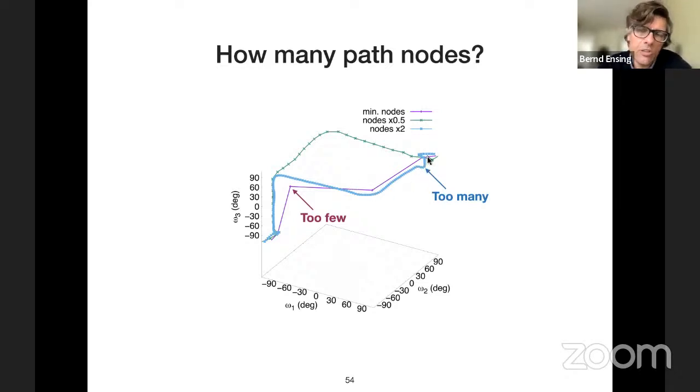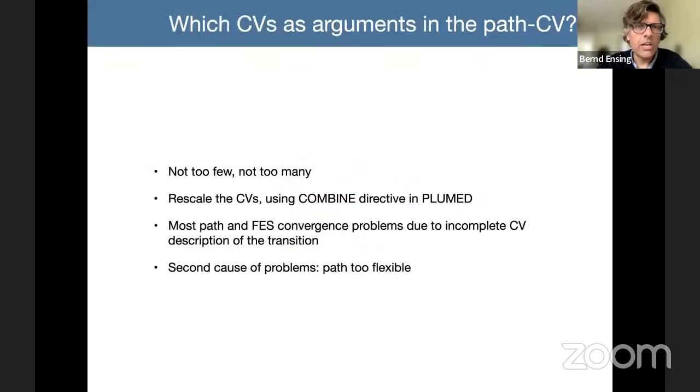And that's also spurious, right? So it's like overfitting, basically. And so if you see this sort of wiggles, then yeah, you probably have too many nodes, right? And so in this case, the green one would give you the best path, I would say. Okay. About how many nodes? Well, not too few, not too many.